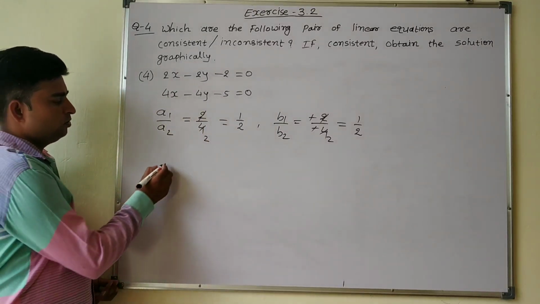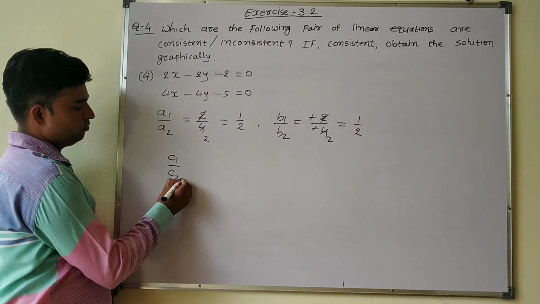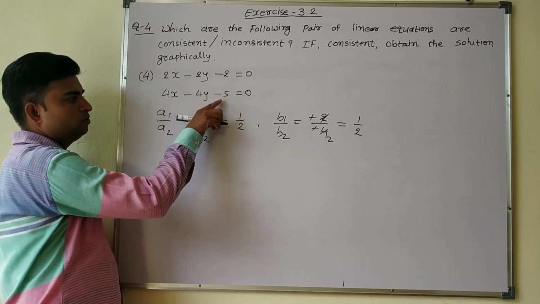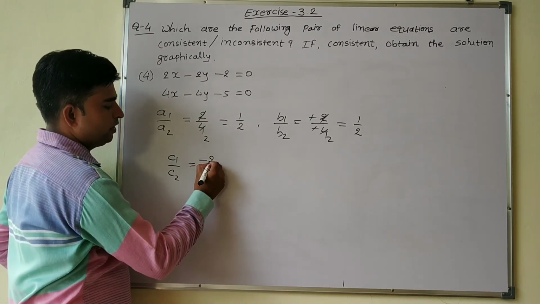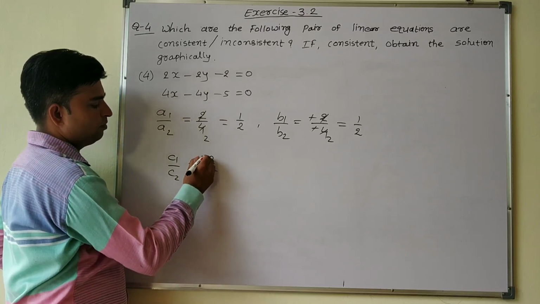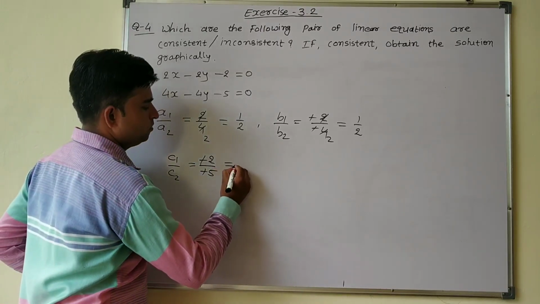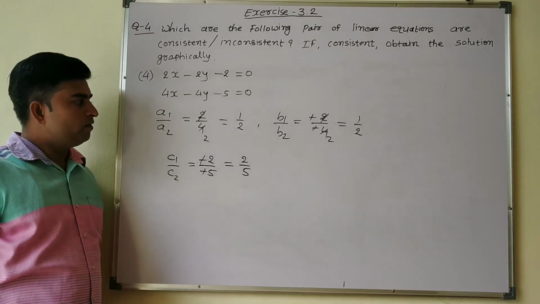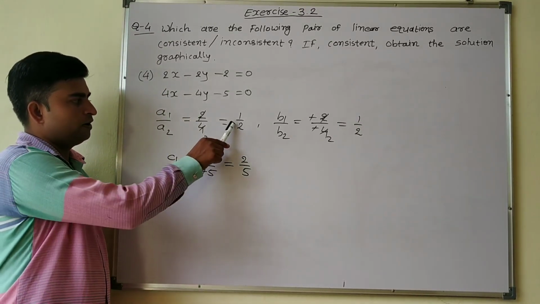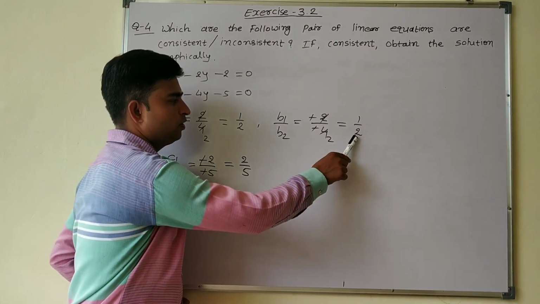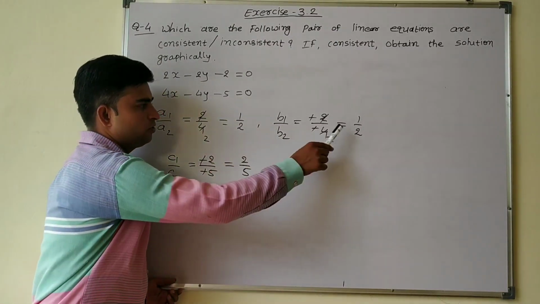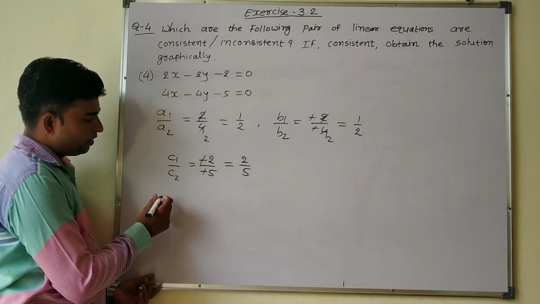Now third ratio, c1 upon c2. From here c1 is minus 2 and c2 is minus 5. Minus 2 upon minus 5. Minus minus will be cancelled. So the final answer is 2 upon 5. So here we observe that the first ratio is 1 upon 2, the second ratio is 1 upon 2, and the third ratio is 2 upon 5. So the first two ratios are equal and the third is different.